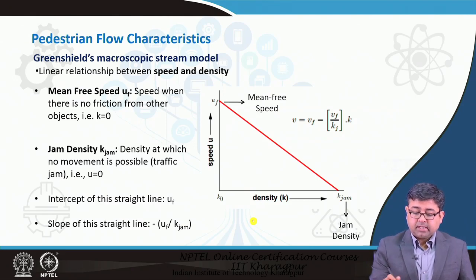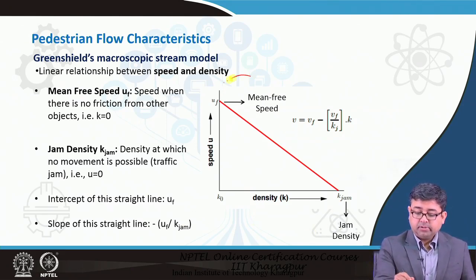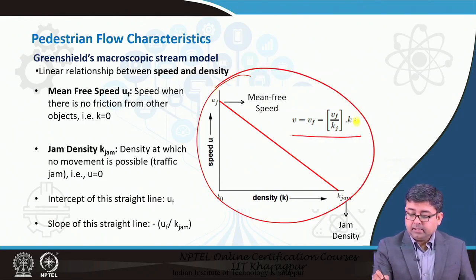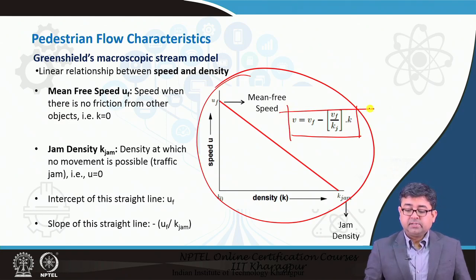We have already explained this figure, right, but the relationship between speed and density is given by this equation.